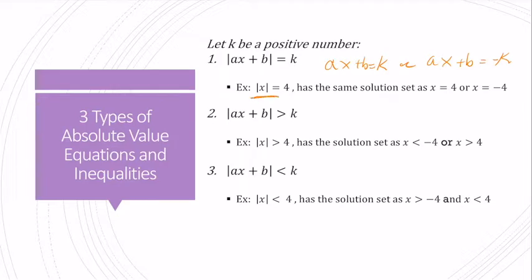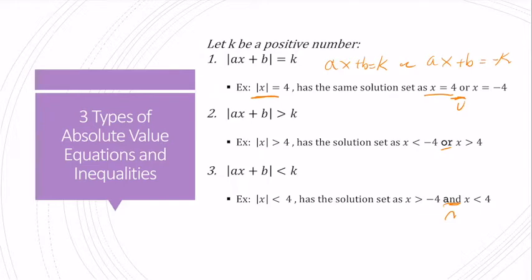For example, if the absolute value of x equals 4, that's the same as x equals 4 or x equals negative 4, or meaning union and meaning intersection.